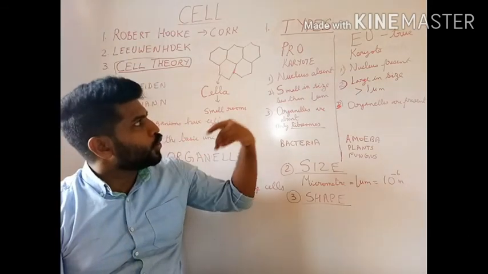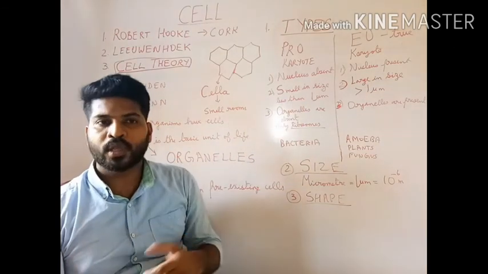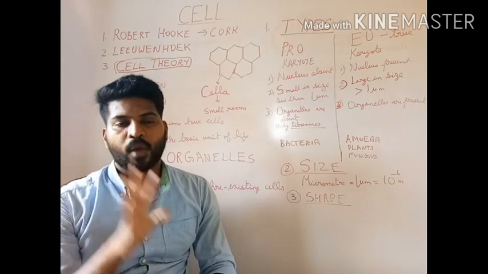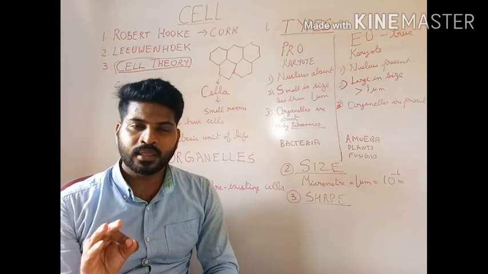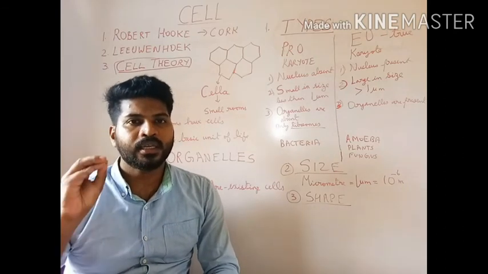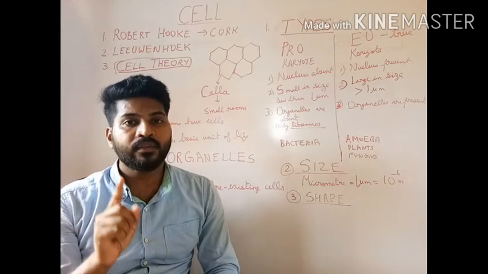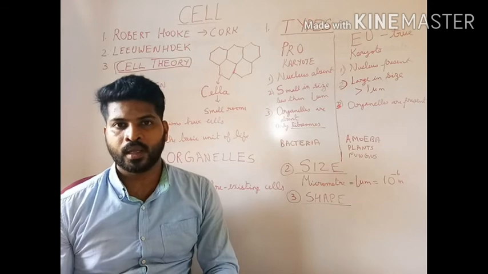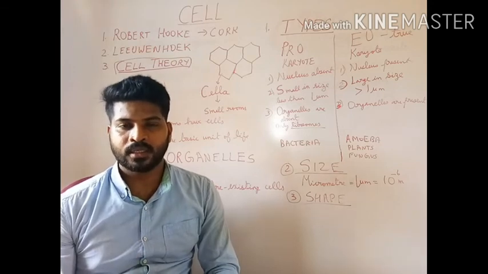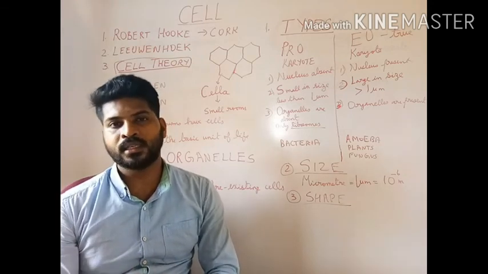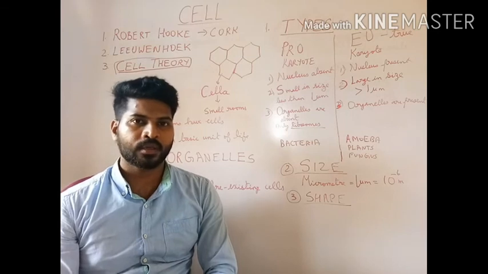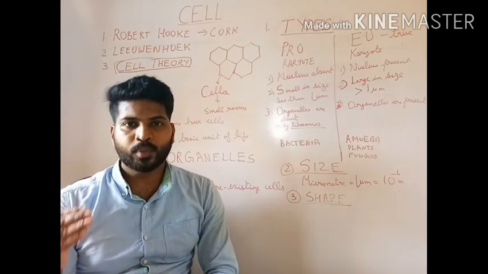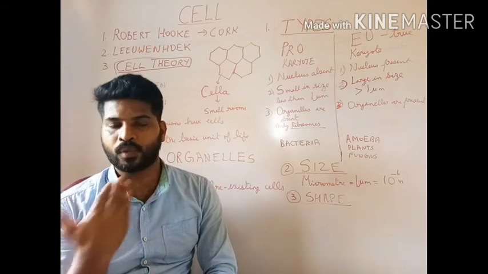You take a eukaryotic cell or a prokaryotic cell, both have three things in common, and these three things are present in each and every living cell. I am stressing on the word living because virus is not considered a living being because it does not possess one of the three properties that I am going to tell you now.